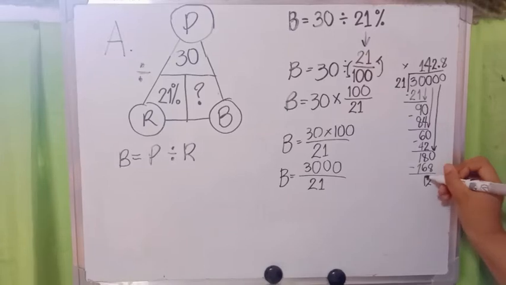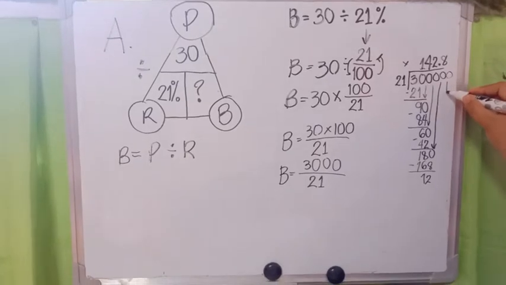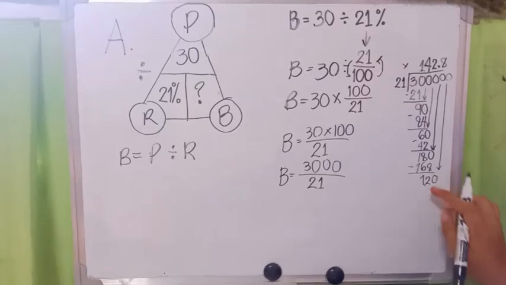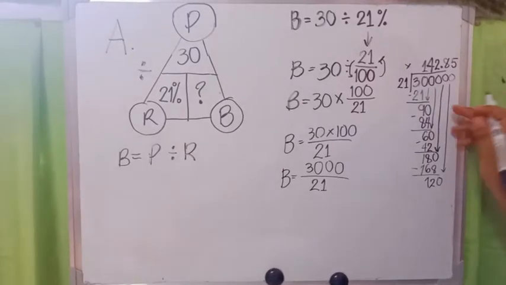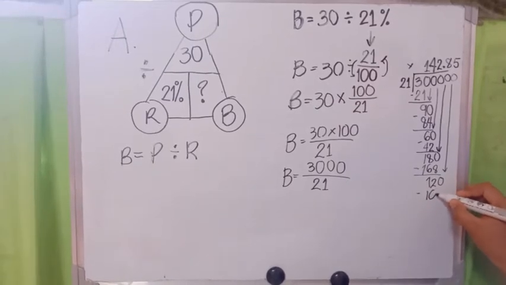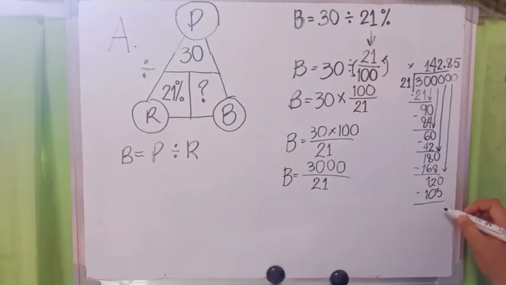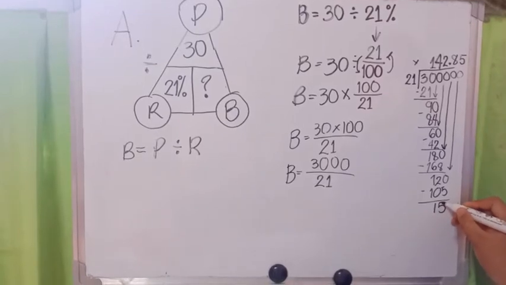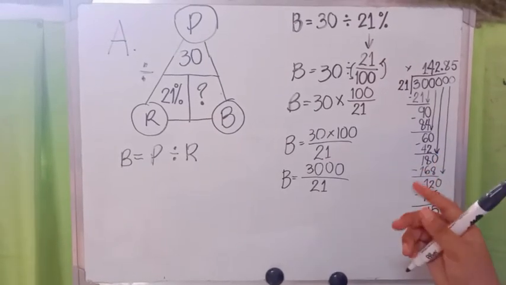But still, 12 cannot be divided by 21, so we borrow 0 again. We got 120 divided by 21. It is 5. 5 times 21 is equivalent to 105. If we subtract this, we got 15. It keeps continuing in borrowing 0, so we'll just stop at 2 decimal digits.